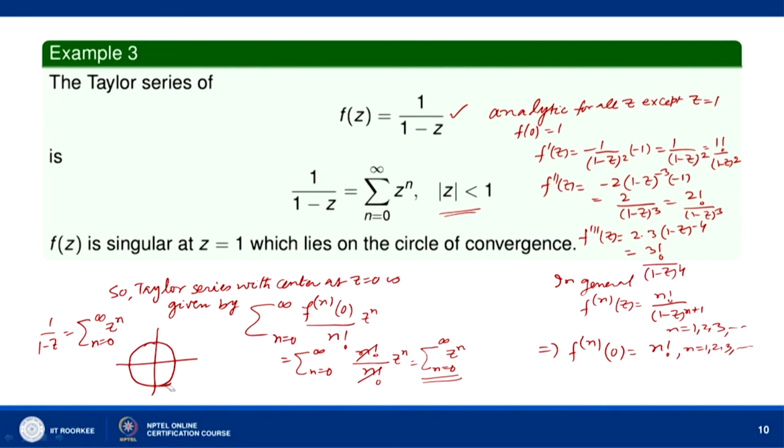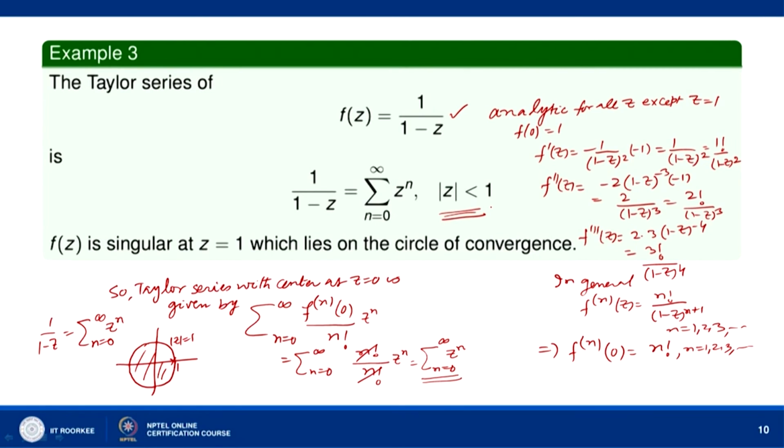This is mod z = 1, and z = 1 lies here. So, the series converges for all z which lie in the interior of mod z = 1. So, sigma n = 0 to infinity z to the power n is the Maclaurin series of 1 over 1 minus z, and the region of convergence is mod z less than 1.